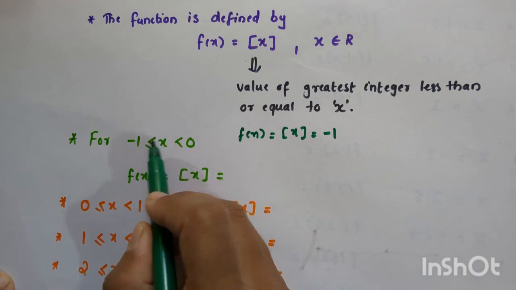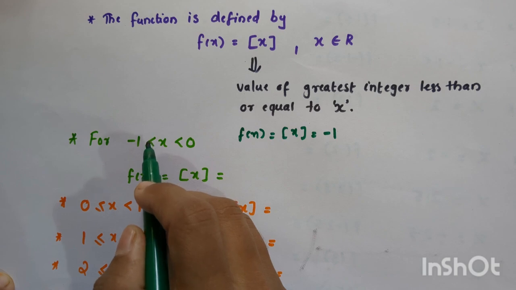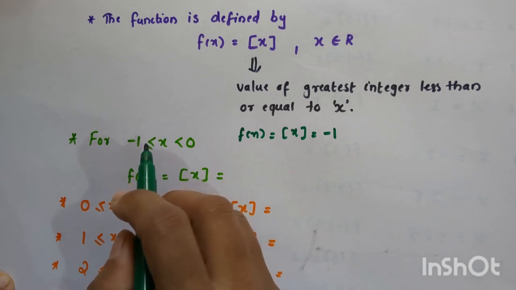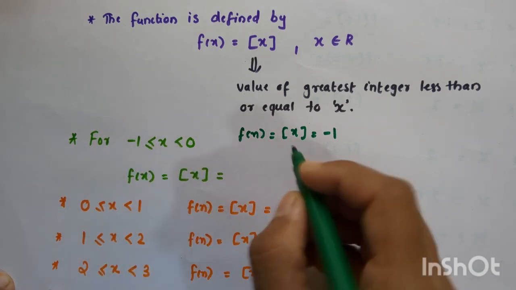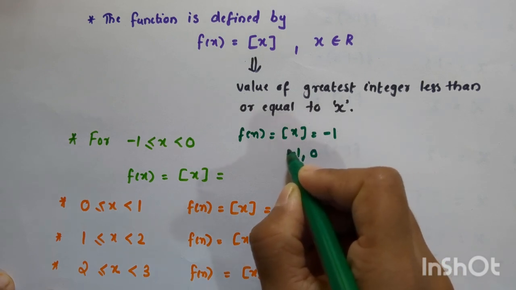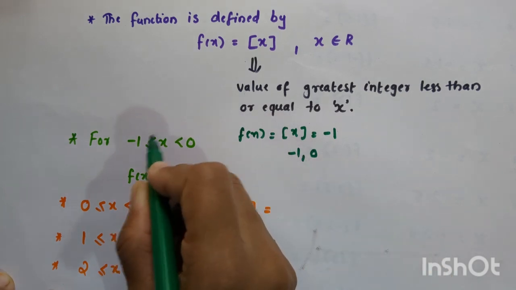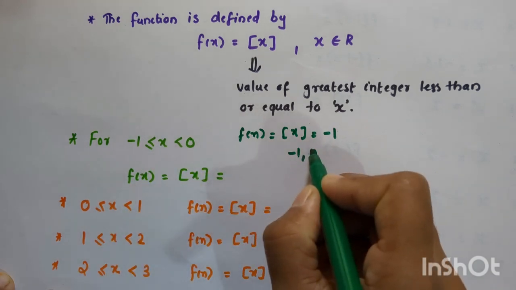Since we are talking about the greatest integer function, the value must be an integer. Between minus 1 and 0, no other integer is present. So the only possible integer is minus 1, because x is greater than or equal to minus 1 and less than 0.